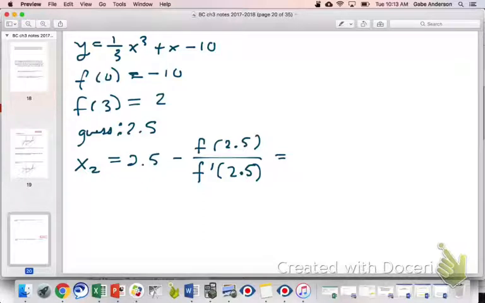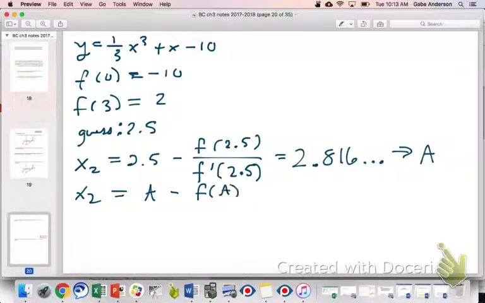Caroline, why don't you briefly share the number you got? 2.816. Okay, and then store it as maybe a. Then our next cycle would give us a minus f of a over f prime of a. When we reran that, Darian, what did you get? 2.7869.